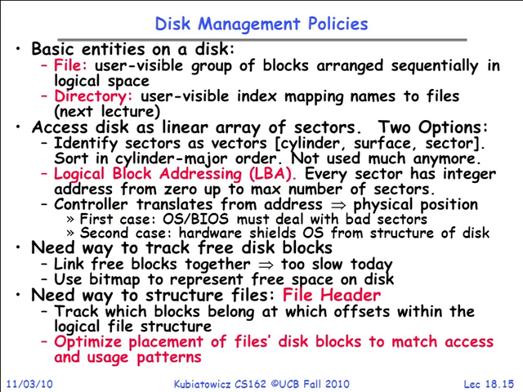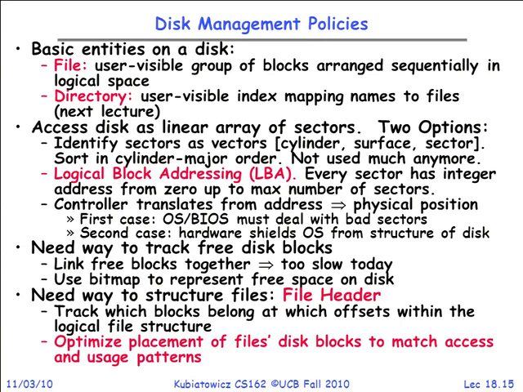And finally, we need some way of tracking the structure of the files. This is typically called a file header, or we'll call this an inode next time. The idea here is this tracks which blocks belong to which offsets within the logical file structure. So remember, suppose you've got a file with 3 blocks. I want to not only know which 3 blocks, but I want to know which one's the first one, the second one, and the third one in the file.